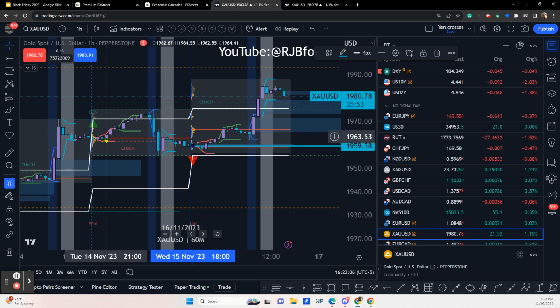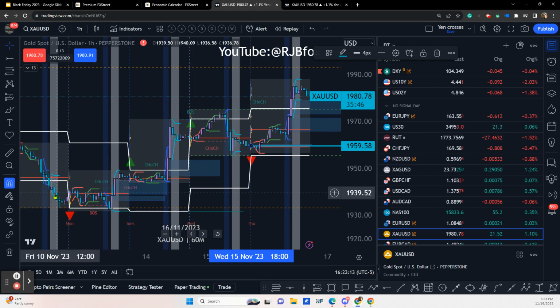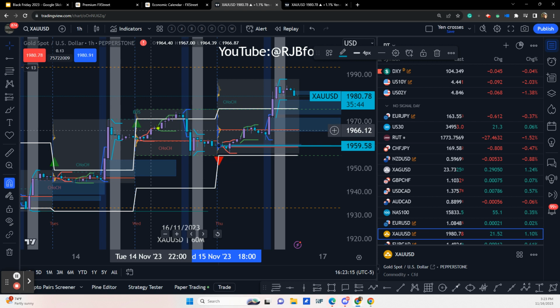Okay, now on Wednesday we've got longs that came into the market in a continuation from Monday. They made a fresh high, right?